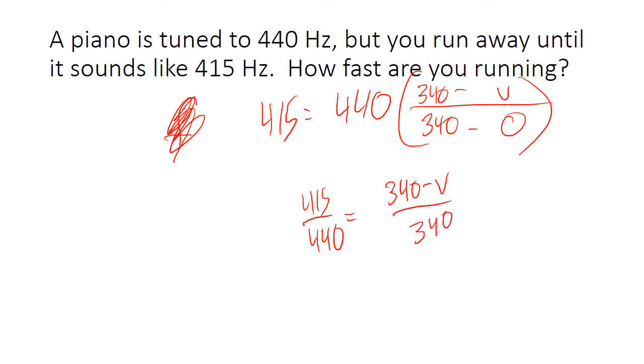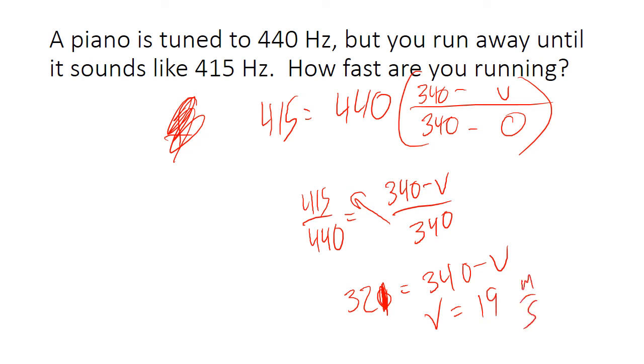Alright, so I'm going to multiply this out too. So I'm going to get 415 divided by 440 times 340. Enter. So we're going to get 321 is equal to 340 minus V. And doing some quick math here, I know that V is 19 meters per second.